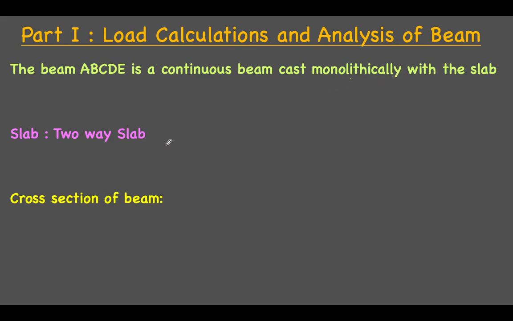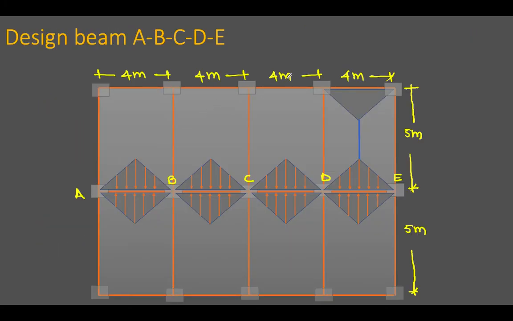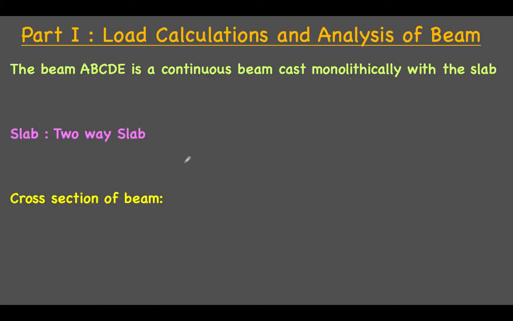Now when we are having this slab, we can see over here it is 4 meter by 5 meter. Let us first identify what type of slab it is. To identify the type of slab by aspect ratio, we have to consider Ly by Lx.